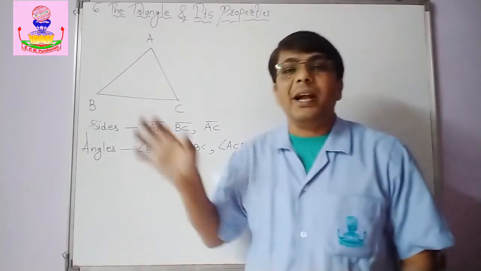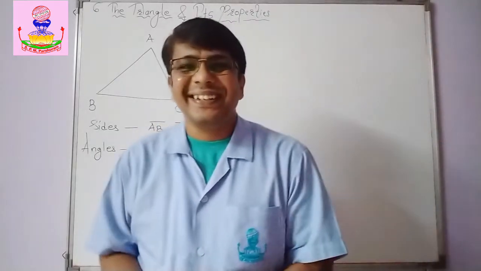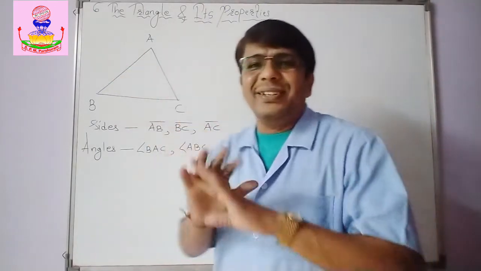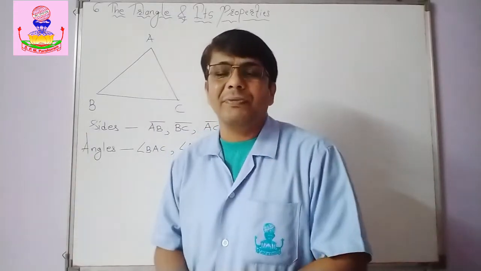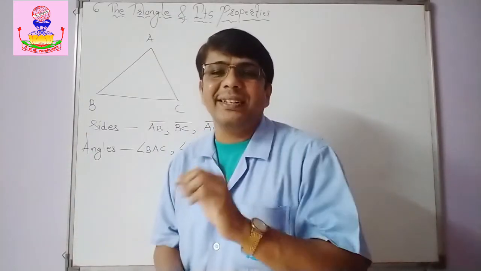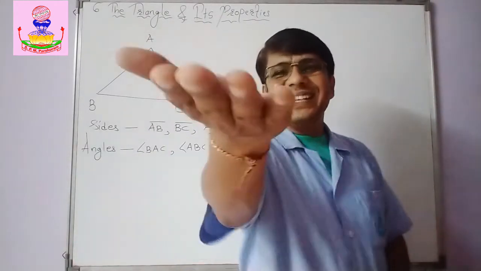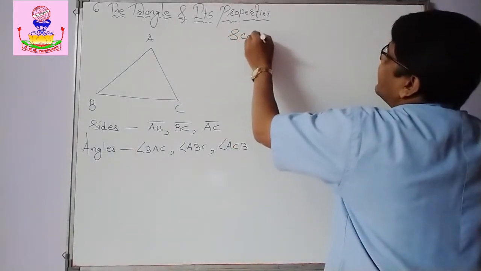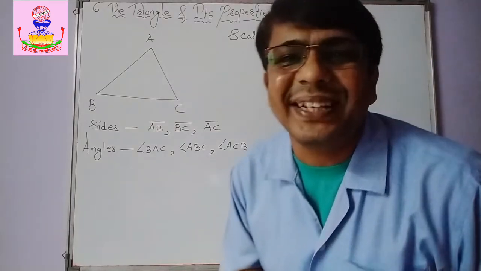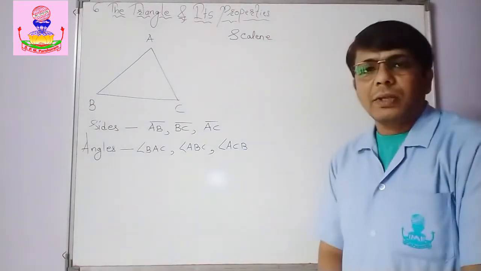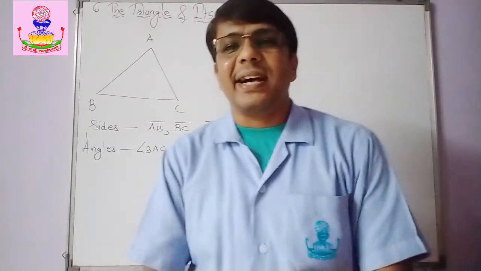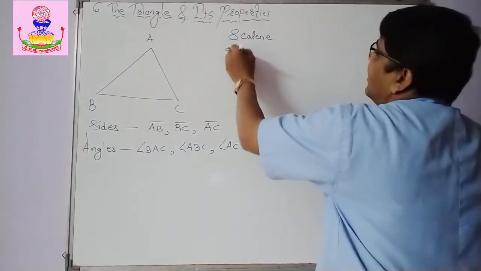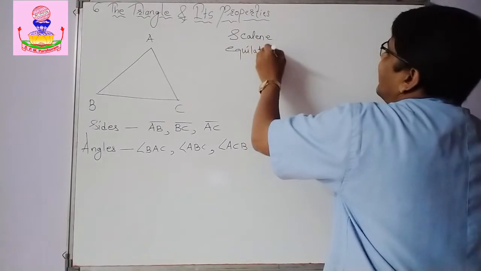Now, my dear friends, depending upon the type of side, we have studied 3 types of triangles. When none of the sides of the triangle is congruent or equal, the triangle is called a scalene triangle. We are studying types of triangles based on their sides. When all sides are equal, that triangle is called an equilateral triangle.